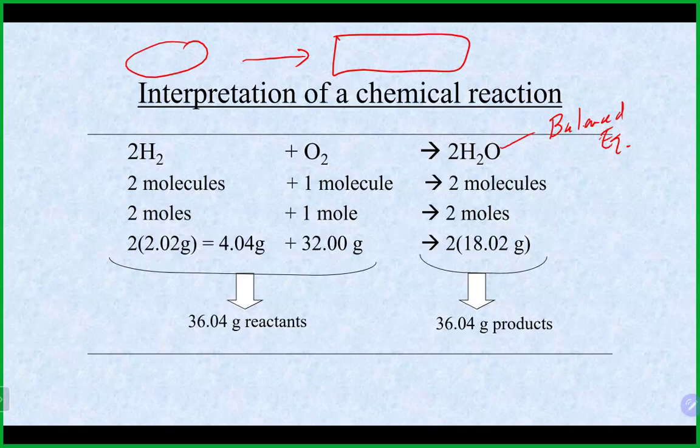The relationship that we get from a balanced equation does involve coefficients, and it's really no more than the actual balanced coefficients in the equation. We could say that in this case, 2 molecules of H2 react with 1 molecule of O2 to produce 2 molecules of H2O.